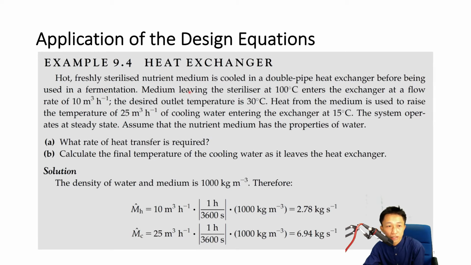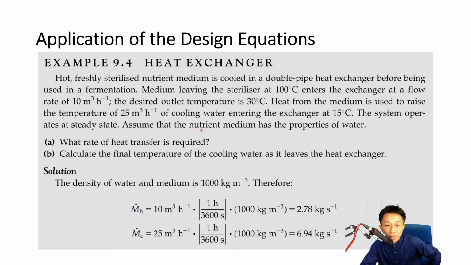The heat exchanger operates at the flow rate given here. The desired outlet temperature is from 100 to 30 degrees Celsius because we can use it later on. Heat from the medium is used to raise the temperature of the cooling water, at steady state.